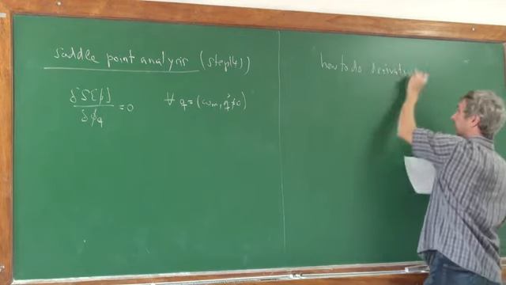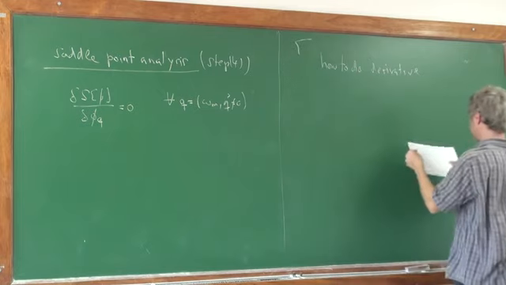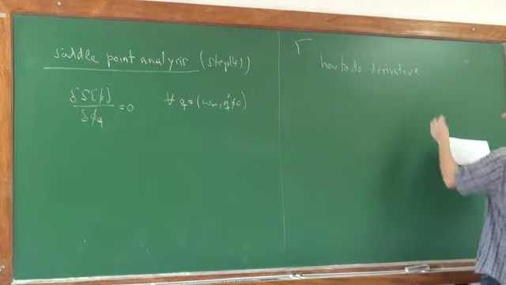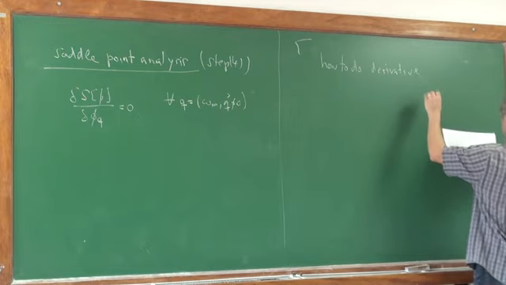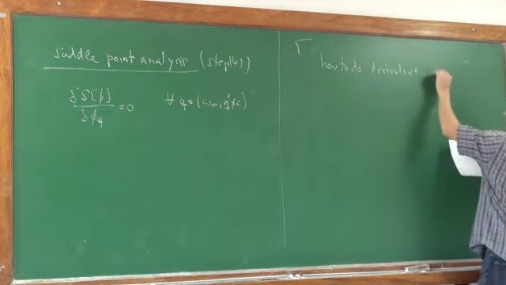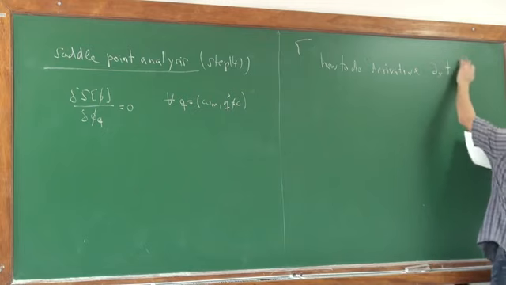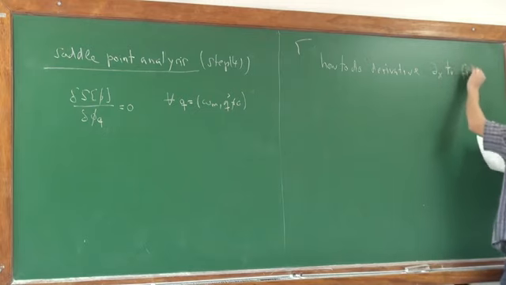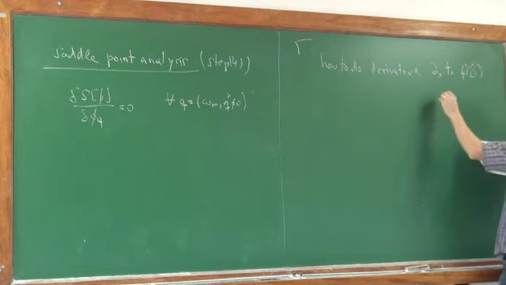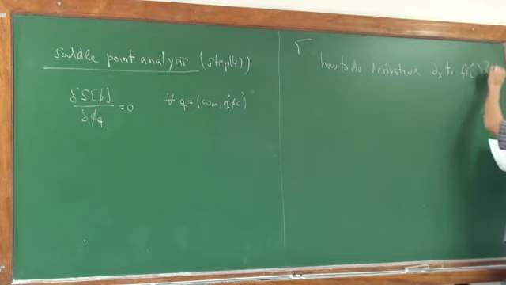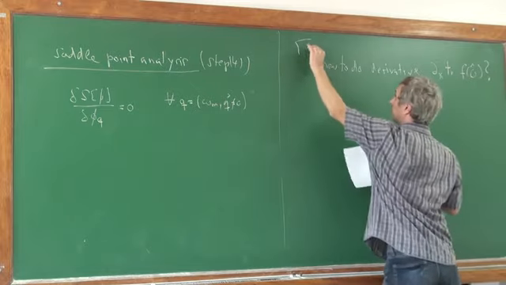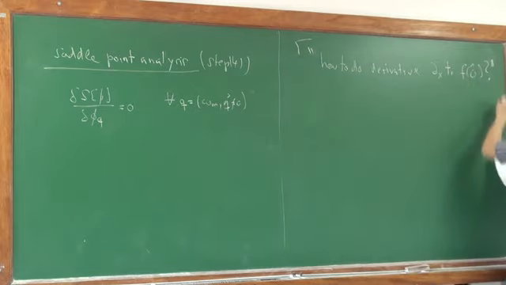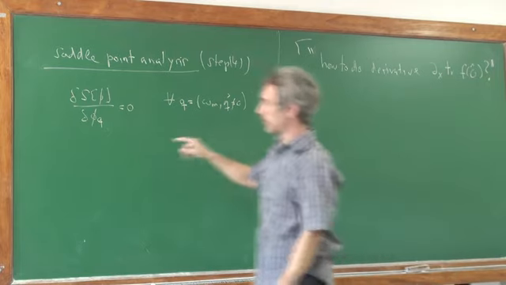This is just a small comment here. Let's say you have something like a trace, and then you have a function of some operator. Okay, so this would be the type of problem that, for example, one encounters here.